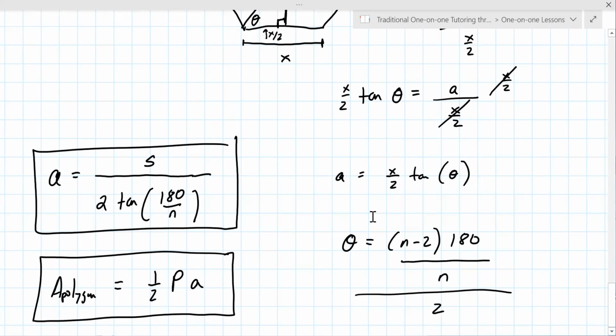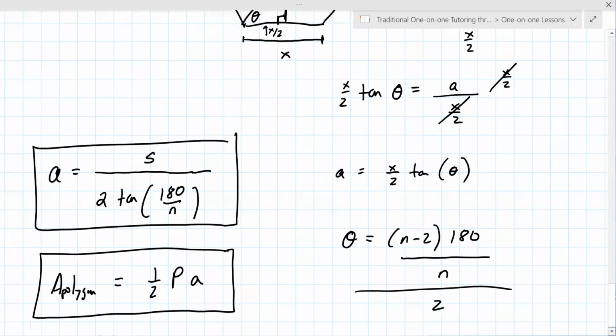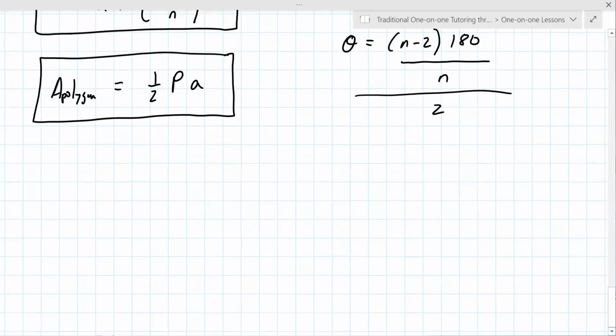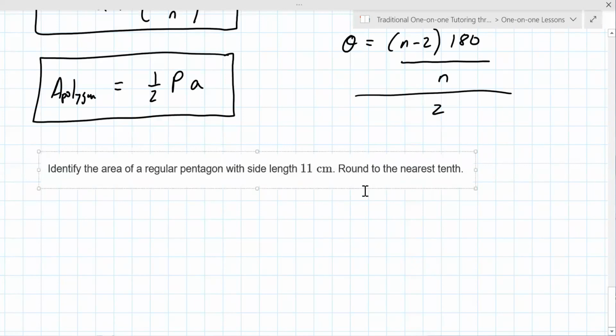Okay, so let's go back and do the first question here because they're all going to then be calculator problems after we do this. It says identify the area of a regular pentagon with side length 11. So a pentagon has how many sides? 5 sides.